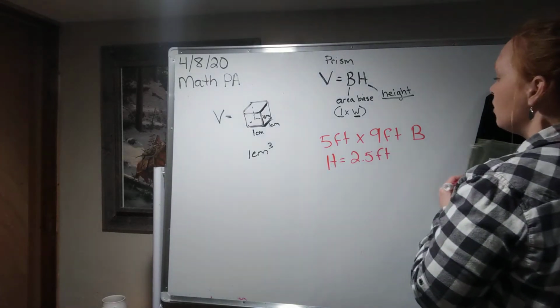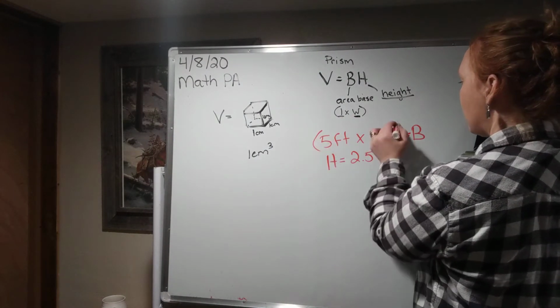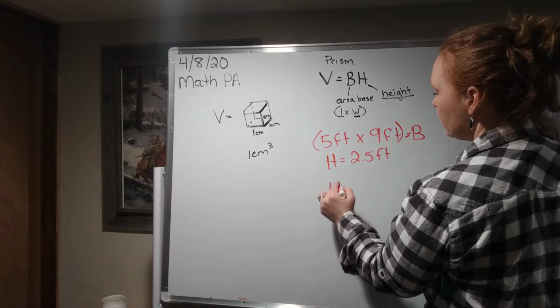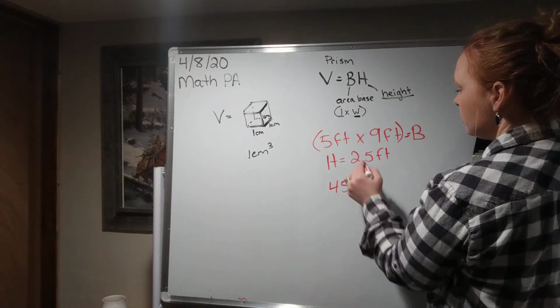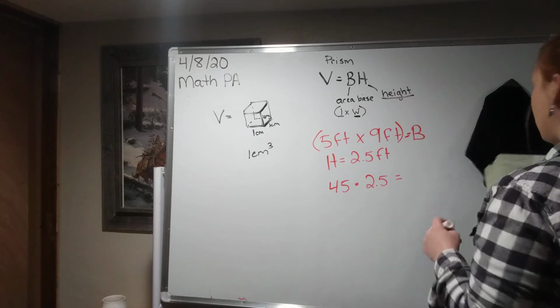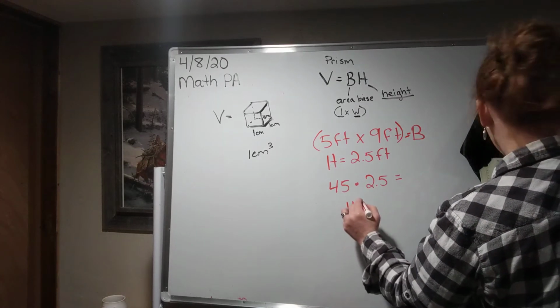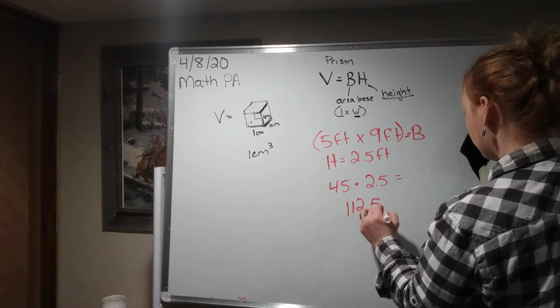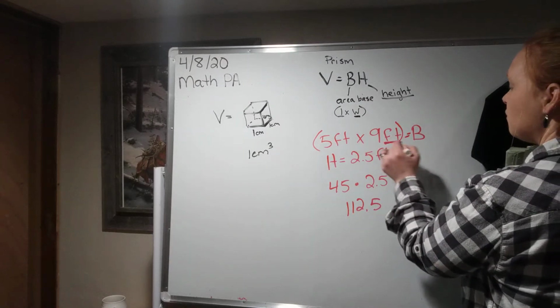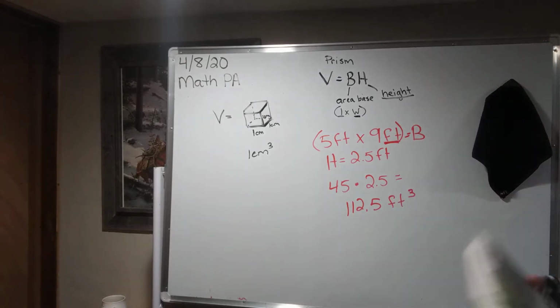If this is our base, let's go ahead and multiply and find our base. 5 times 9 is 45, times 2.5. When we multiply those together, if you put that into your calculator, you should get 112.5, and I want to use feet cubed to show that it's volume.